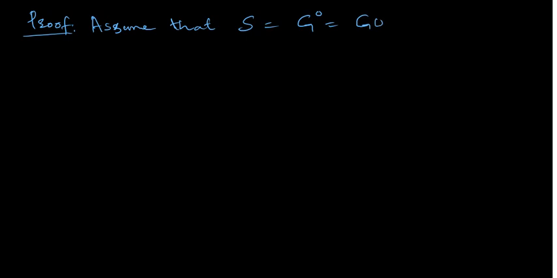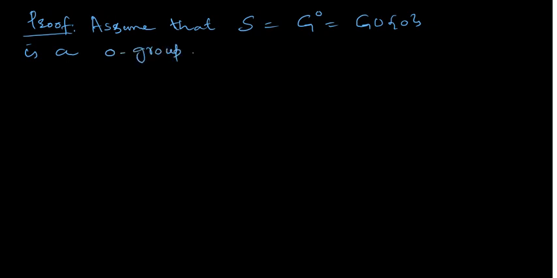Proof. So first we assume that this S is a zero group. Assume that S is equal to G0, which is equal to G union 0, is a zero group.